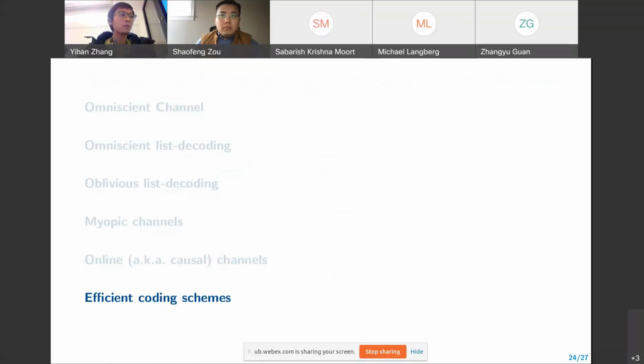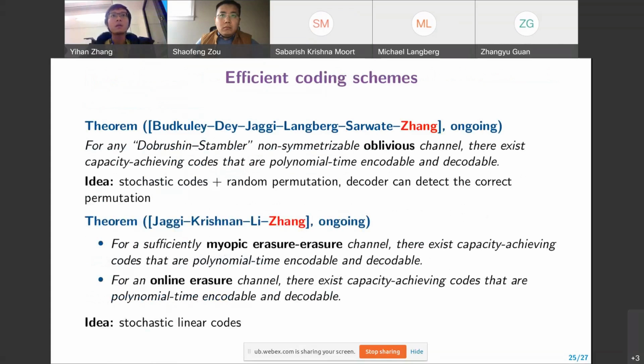Now, finally, I still have some minutes, so let me briefly mention this thing. In some particular scenarios, some of the coding schemes I mentioned before can actually be made computationally efficient. What do I mean by efficient? I mean the encoding and decoding procedures can be made to run in polynomial time in n, the number of transmissions. Here are two samples of this type of result. One is for oblivious channels.